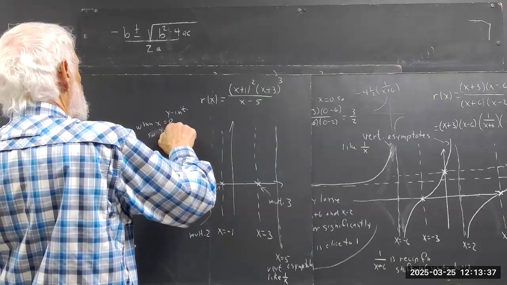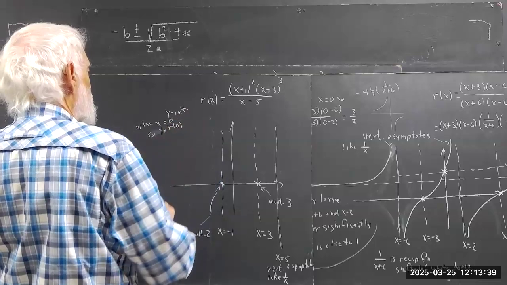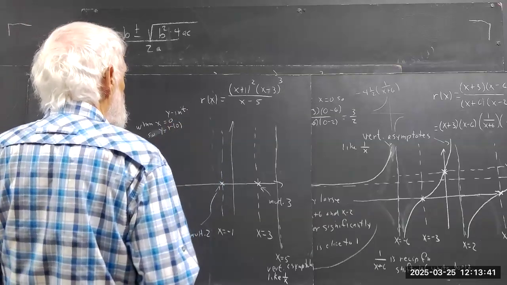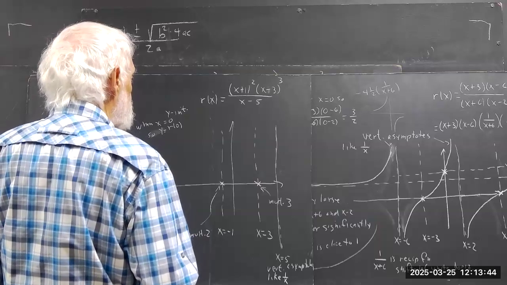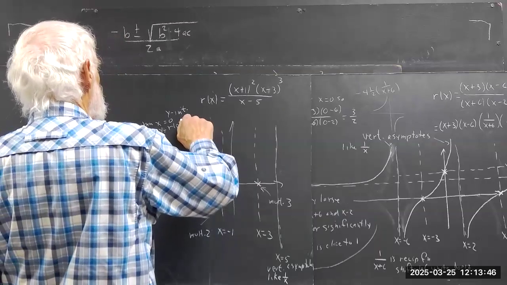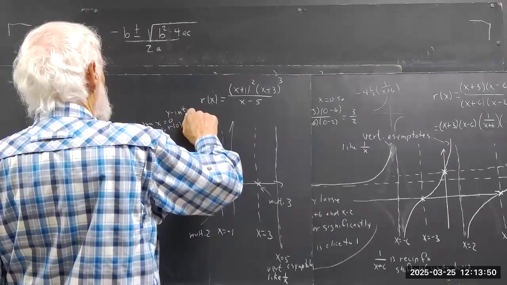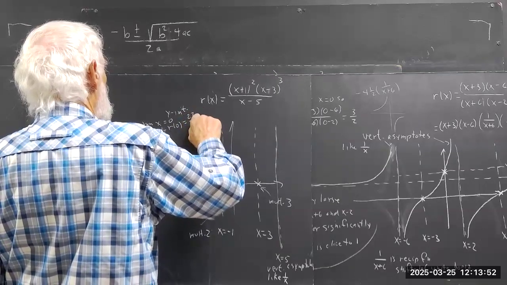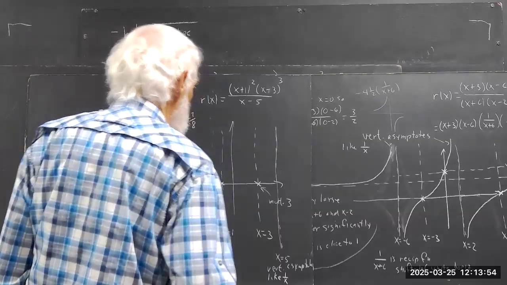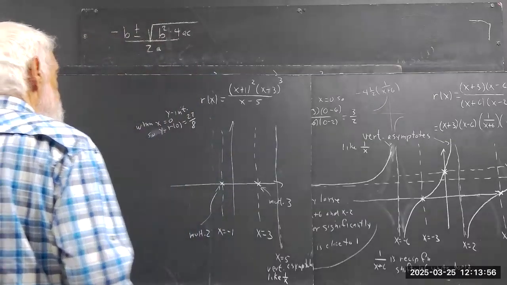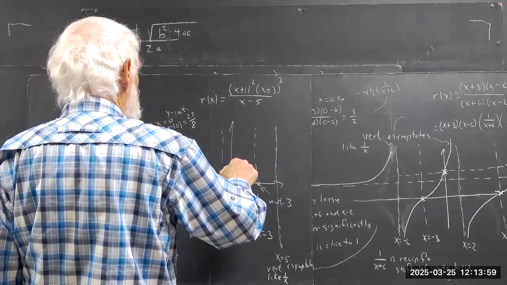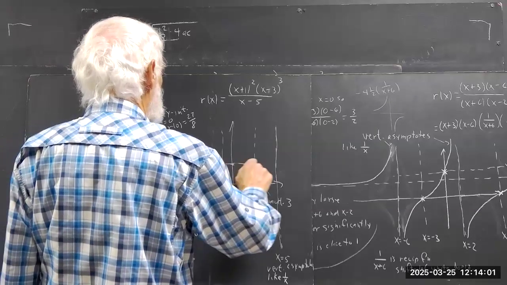So y equals r of 0, which is going to be negative 27 over negative 8. About 3 1/8. So I'm going to say, okay, we're going to put that here.